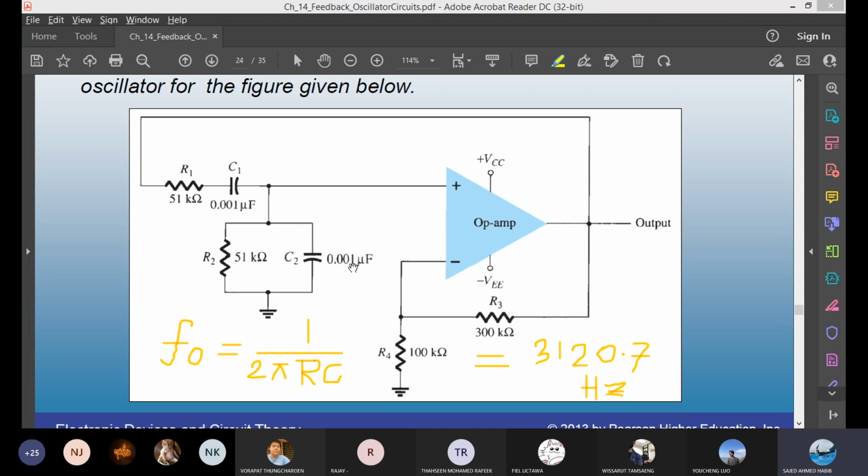In the previous class, I mentioned that in order for the oscillation to go on, the overall loop gain should be at some minimum point. If it's less than 1, the oscillation will die down. If it's more than 1, it can saturate. But more than 1 is not a problem. Less than 1 is a problem because eventually you will have no oscillation at all.